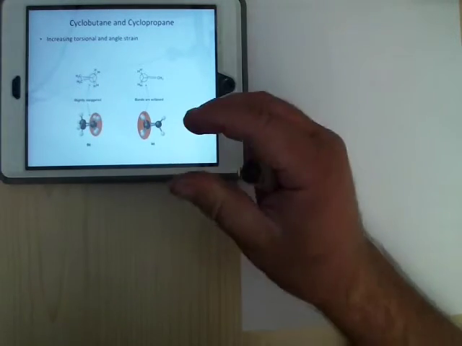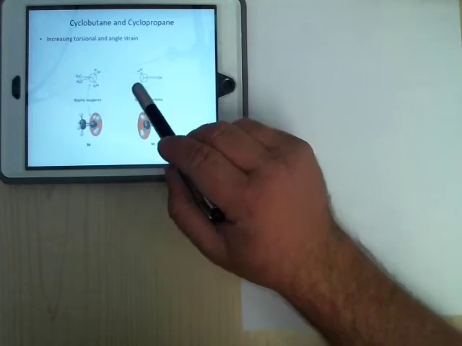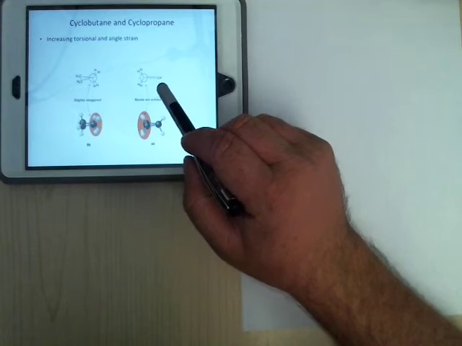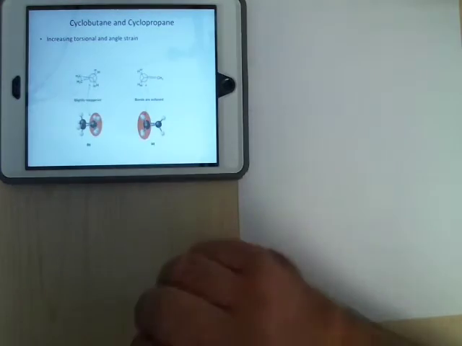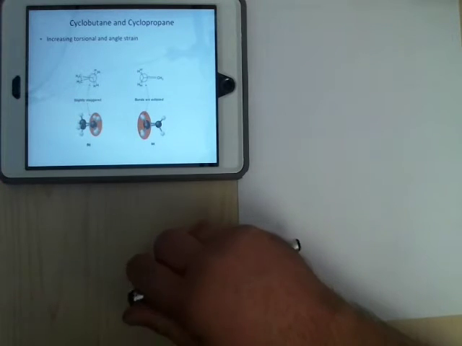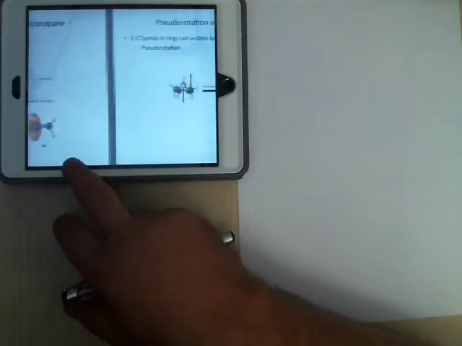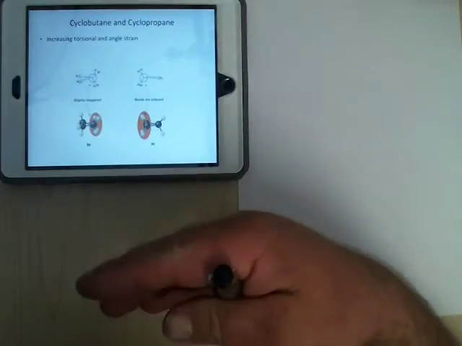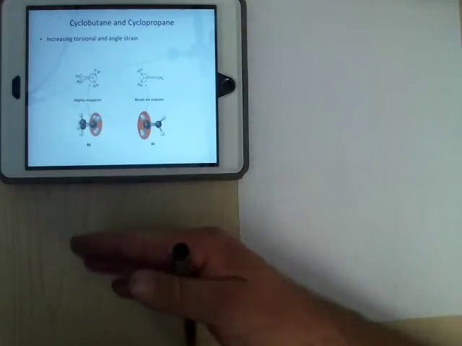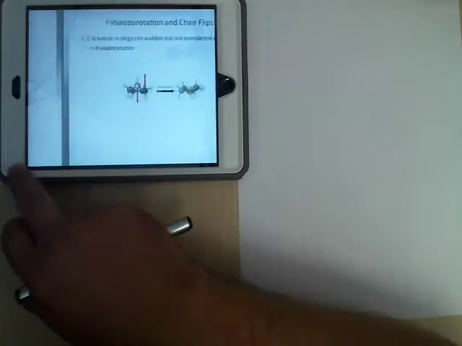You can pucker a little bit to get out of there, but by the time you get to cyclopropane, everything's completely eclipsed, and there's nothing it can do. So you're paying a major penalty to be in these two configurations, which is why they're so difficult to make. The most stable is the 6-membered ring, and as you get away from that, you pay a little bit of a price.